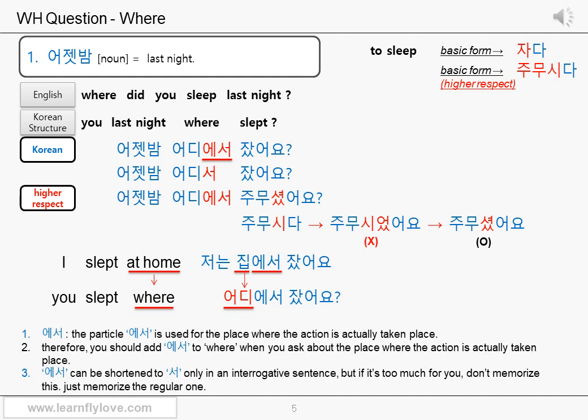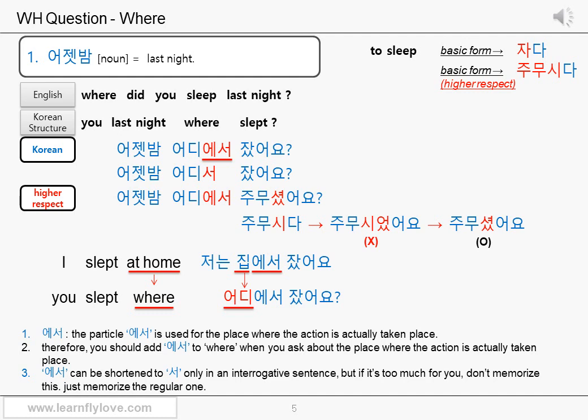Yes, you can omit the 에 sound. The same thing applies to a declarative sentence sometimes, but I'm not sure if it's good to know for now. If it's too much for you, you don't have to remember this. Just remember the whole 에서. It's totally fine and you'll never have a problem for the rest of your life. But still good to know, you can use 어디서 too.